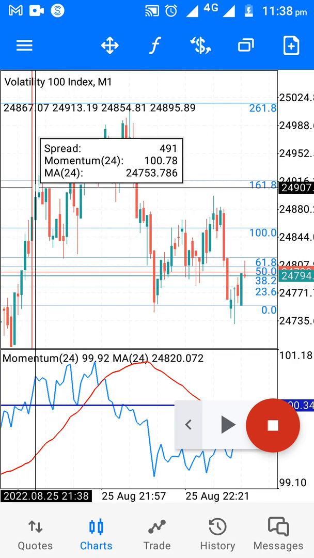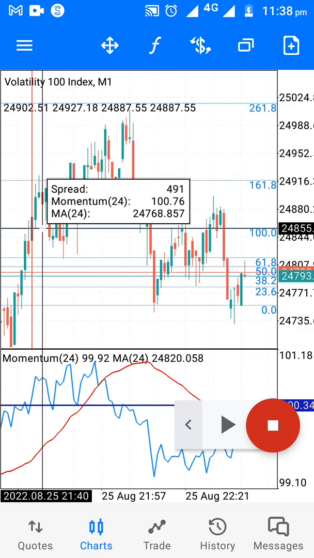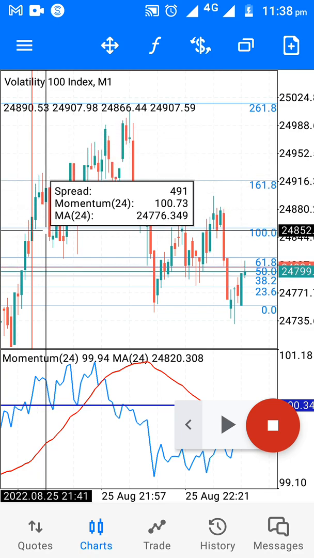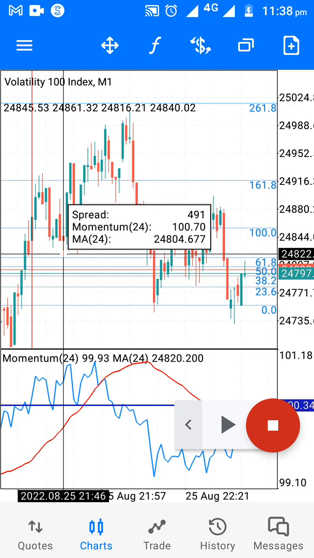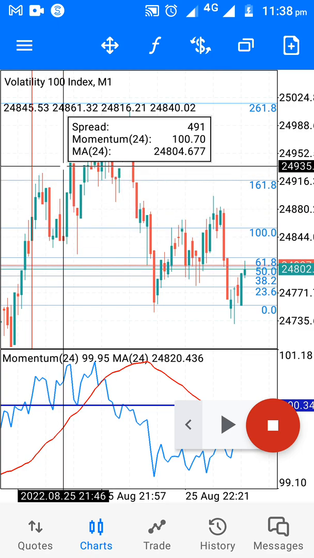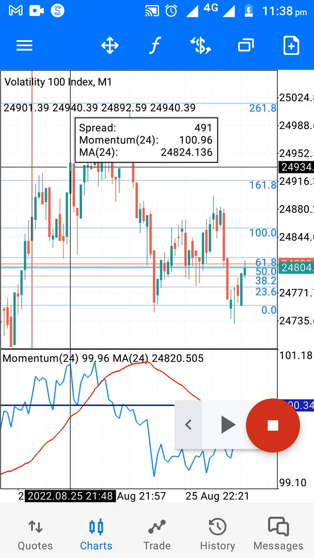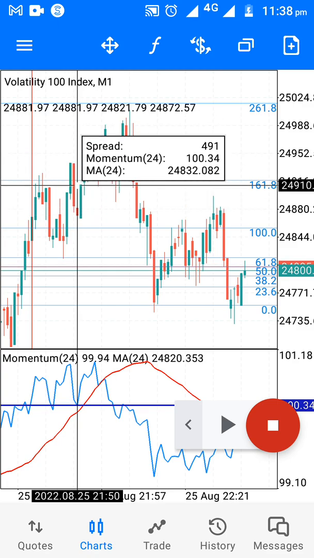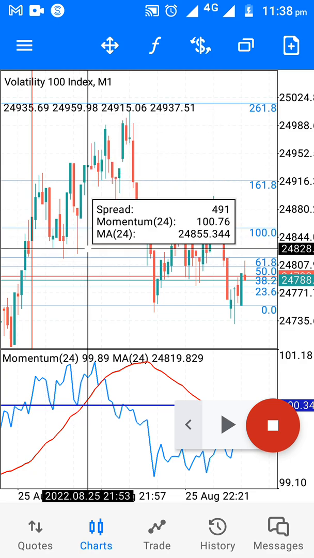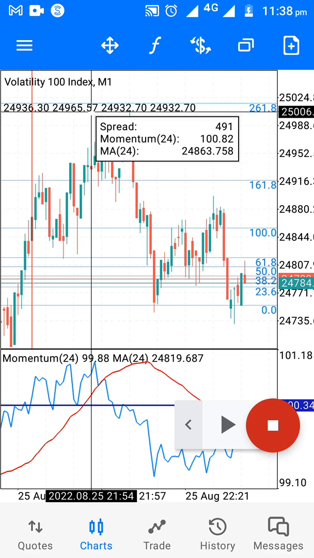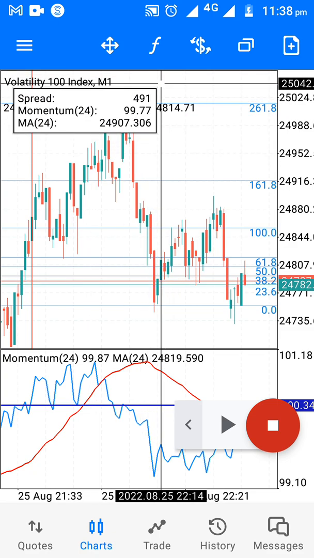First time the market moved from the average price, it went to 161.8 and came down, then tested 61.8 and went up, broke the 161.8, and later came down again to retest 61.8, went up, then encountered 261.8.